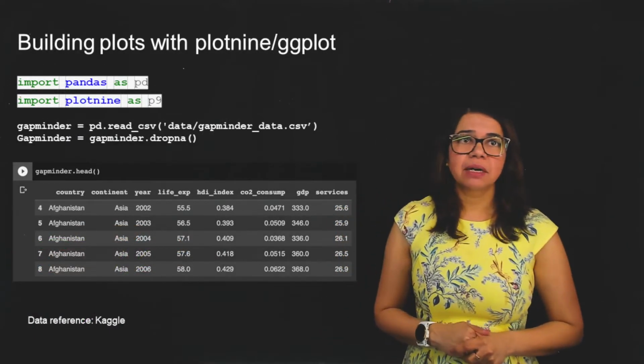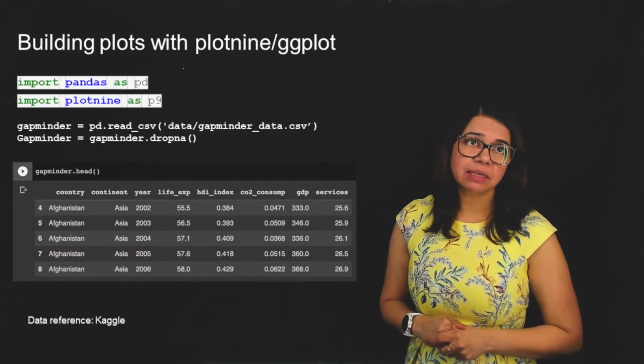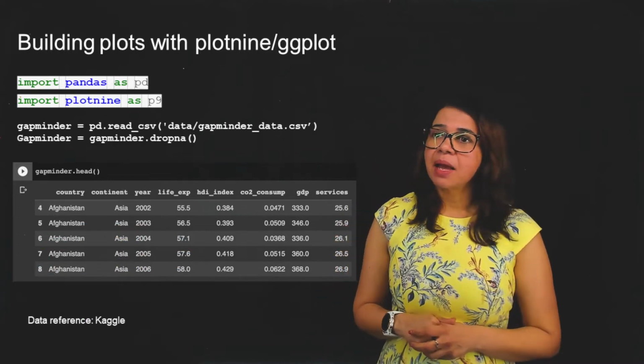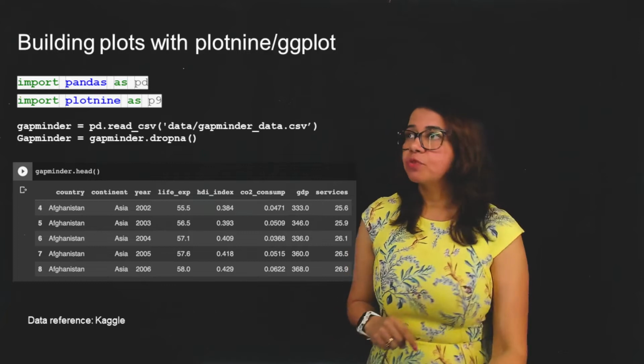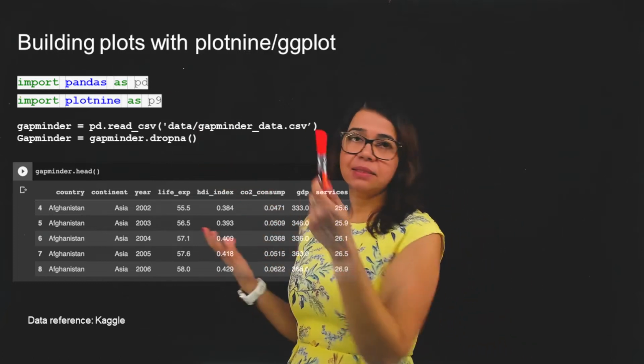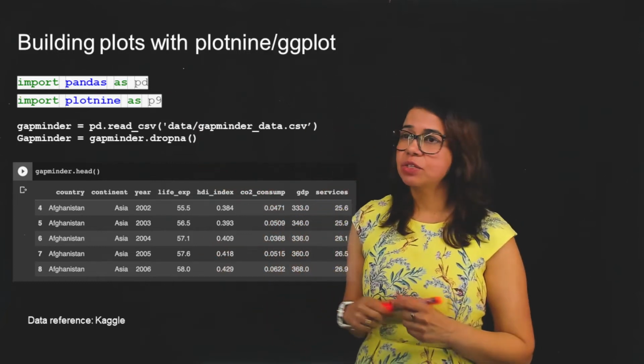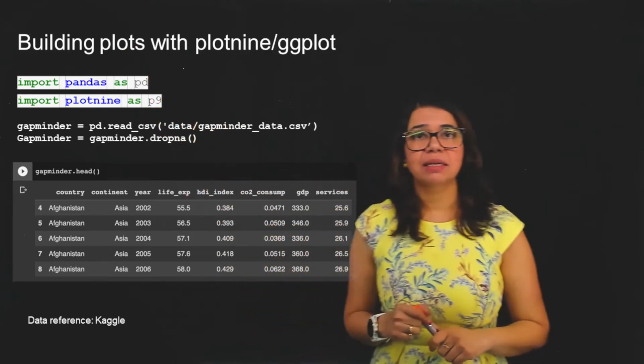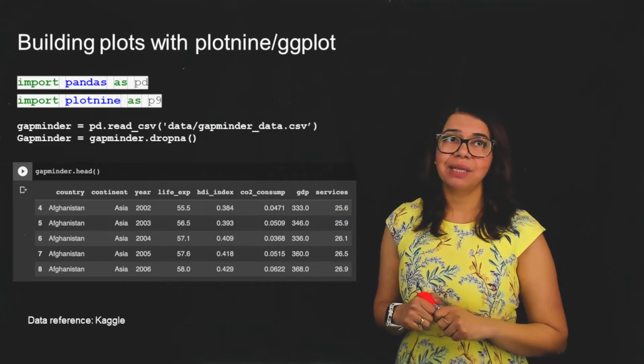For this demonstration, I'm using a free data set called Gapminder data from Kaggle. And we will be using two packages. The first one is the same as before, the pandas package that we are importing as pd. And the second one is Plotnine that I'm importing as p9.